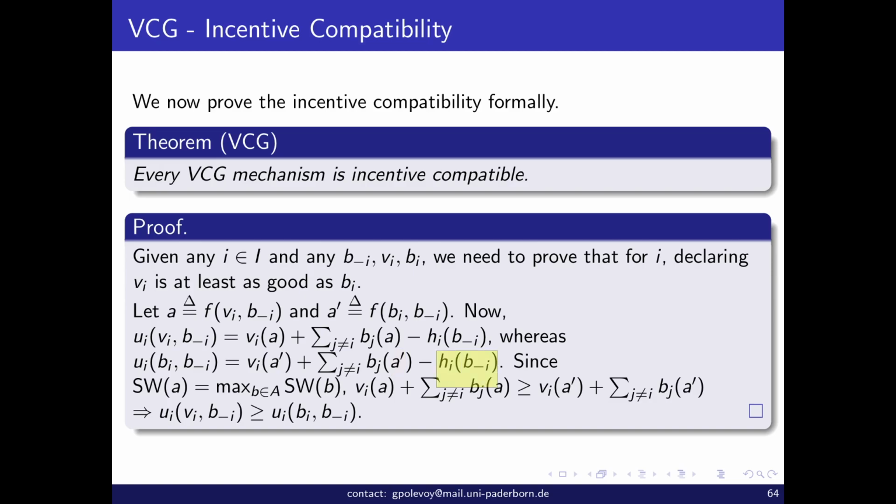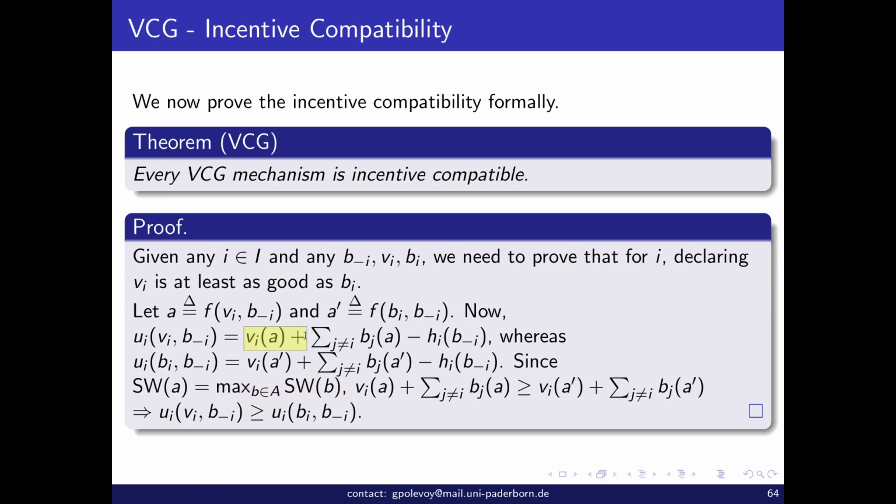And since the social welfare of A is the maximum possible social welfare, what I get when I tell the truth is the maximum possible social welfare.